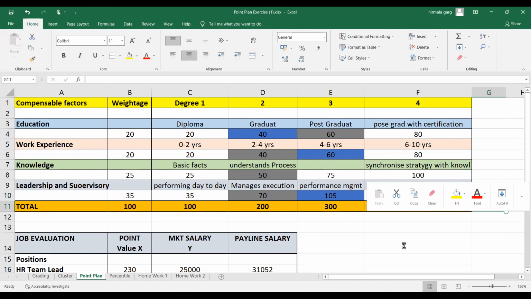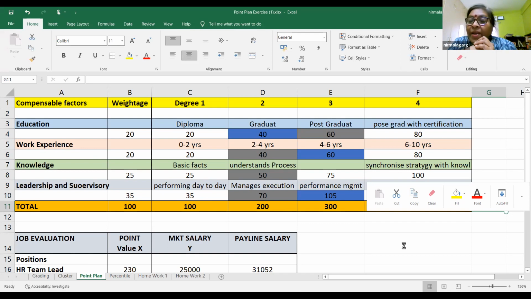Yes, ma'am. And in job grading, I also told you that you can have at best 5 to 6 compensable factors. But in point plan, you can even have 10 compensable factors.